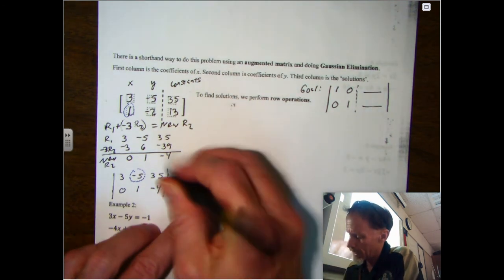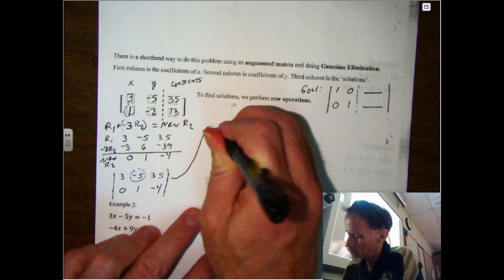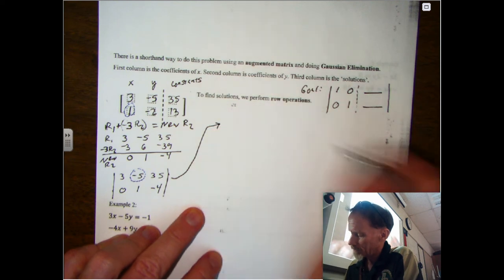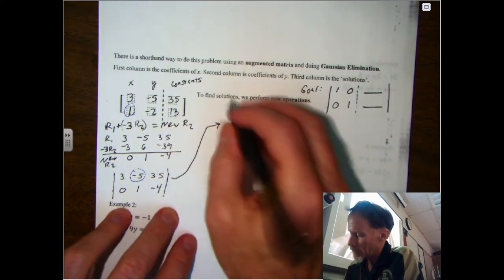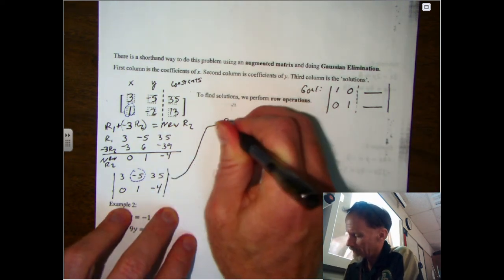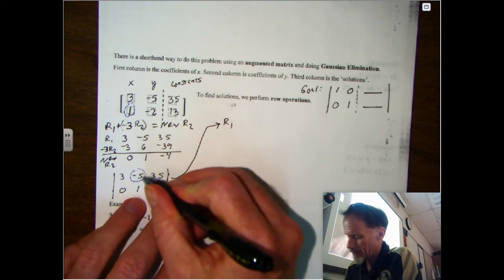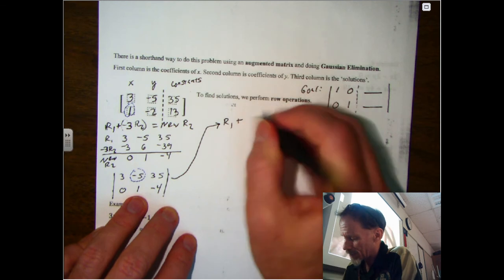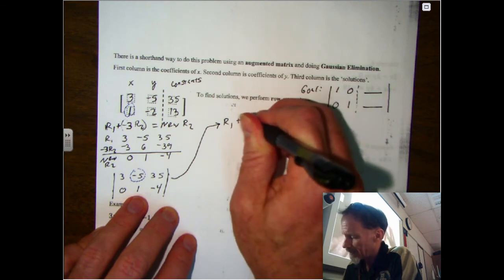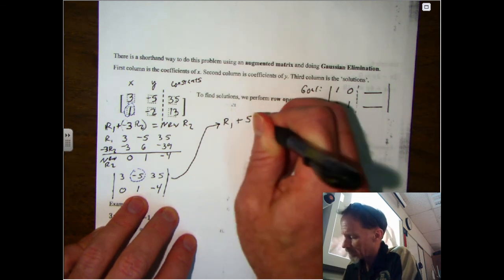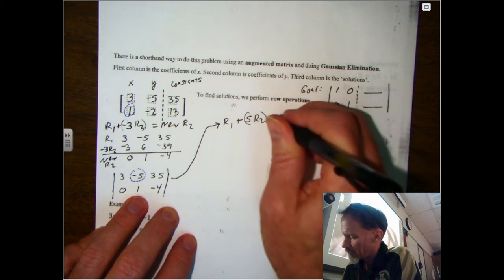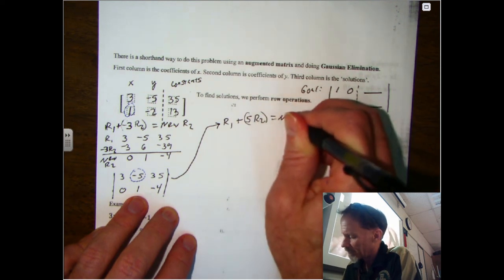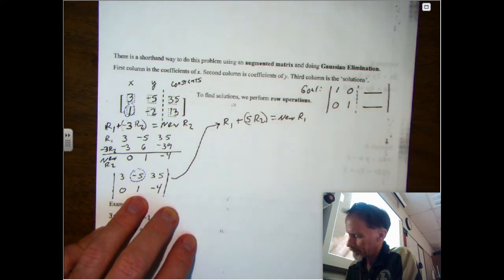So again, use your notation. I'm going to draw an arrow so you know where I'm going. Notation-wise, it's going to be R1, because I'm not changing that -5. And I'm going to add that to 5 times row 2. And that's going to be my new row 1, because that's where I want the 0.